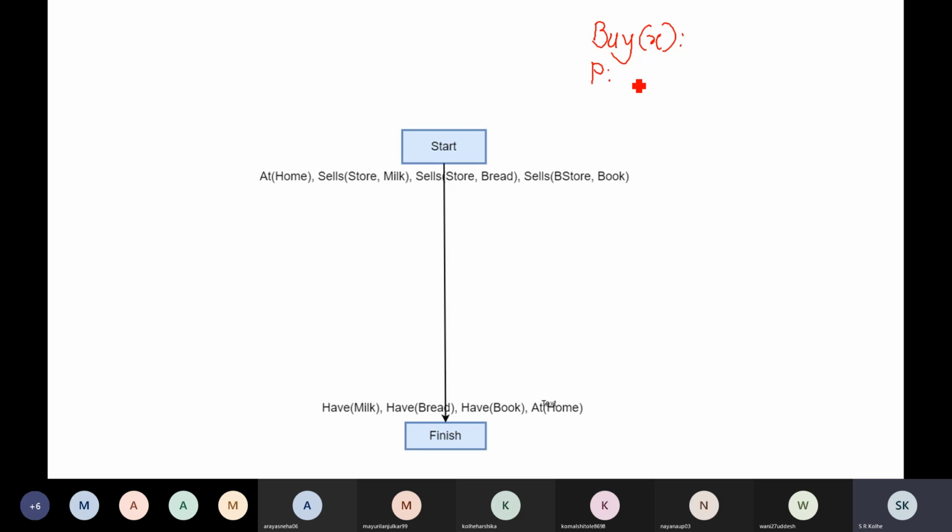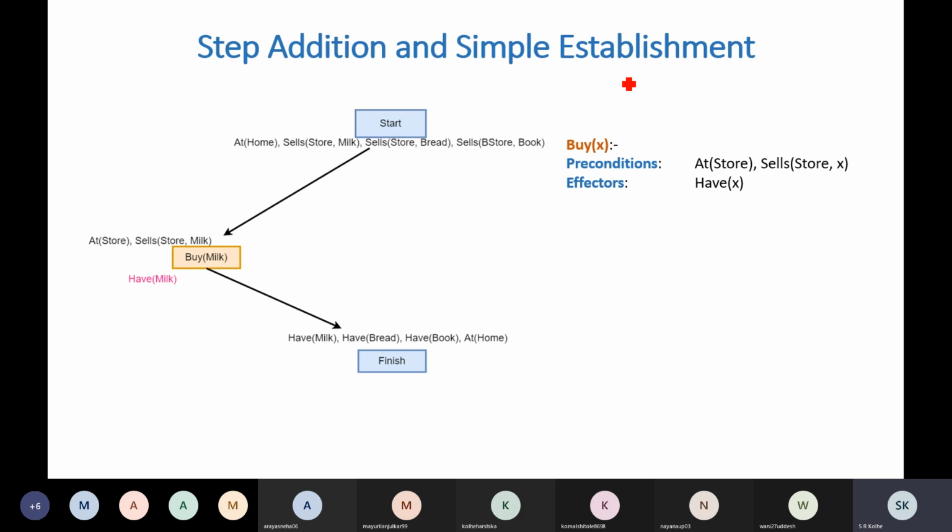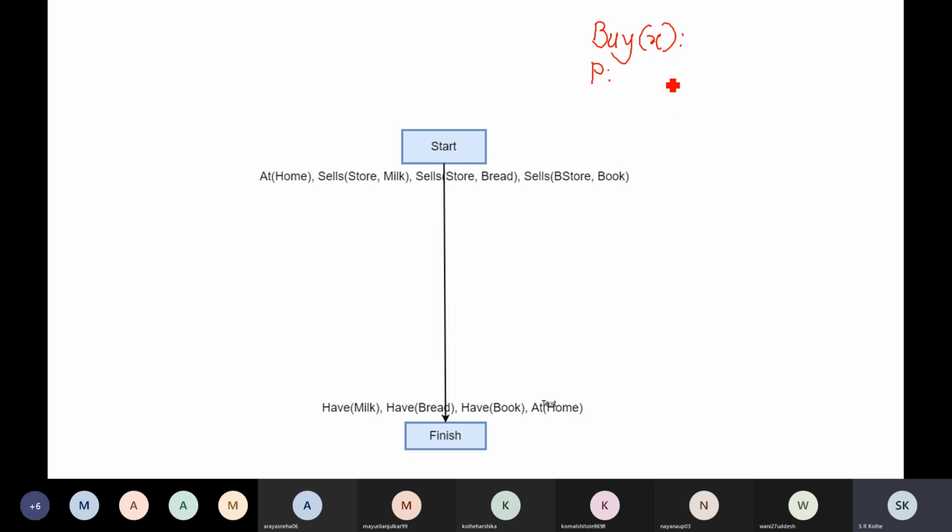Precondition is now, to buy X, for example to buy milk, you should be there. So the precondition is that robot should be at store. This is one of the preconditions. And another precondition is that store should sell that X. These two are required to perform this action.